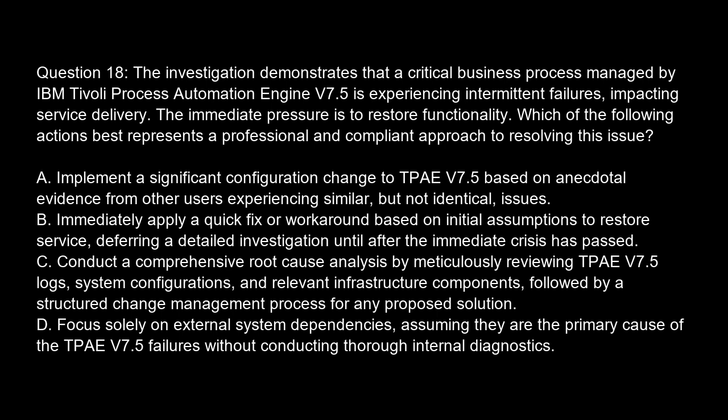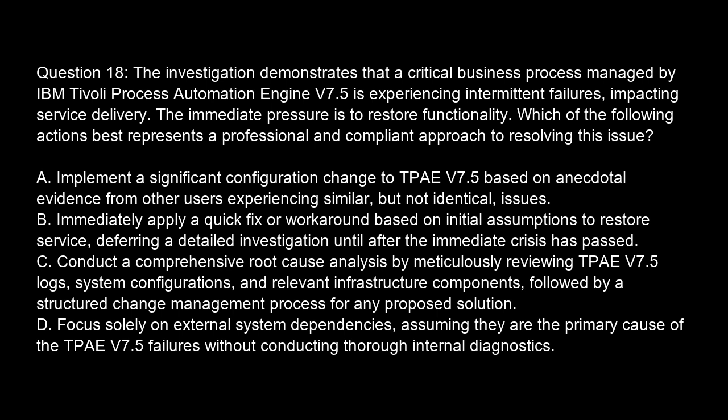Option A. Implement a significant configuration change to TPv7.5 based on anecdotal evidence from other users experiencing similar, but not identical, issues. Option B. Immediately apply a quick fix or workaround based on initial assumptions to restore service, deferring a detailed investigation until after the immediate crisis has passed.